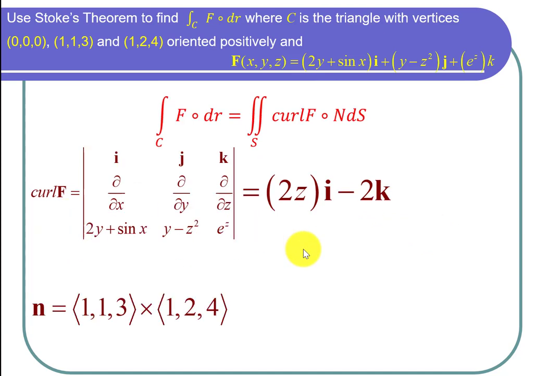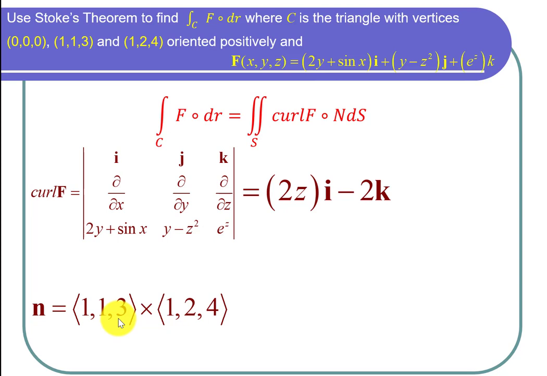Next, I find the normal vector to this triangle. The way to do that is I find two vectors that lie on the triangle and cross them. Luckily, (0, 0, 0), the origin, is a point on this triangle. So I could just take the displacement vector from (0, 0, 0) to (1, 1, 3), and that's just the vector (1, 1, 3).